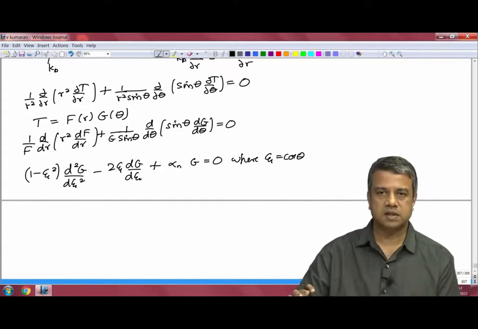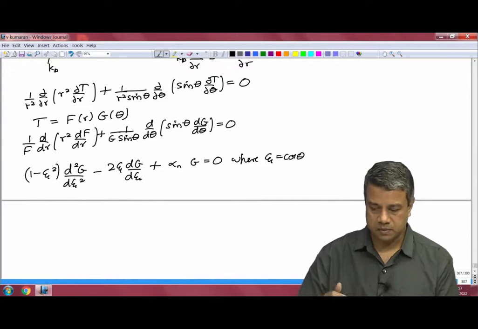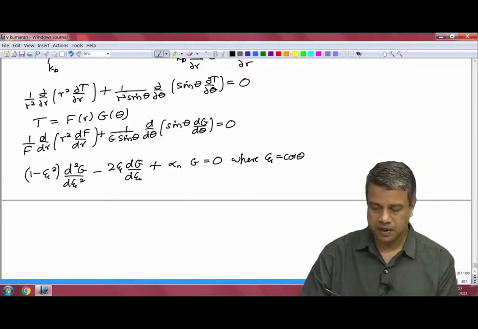Just a transformation of variables. You substitute psi is equal to cos theta and then put it into the equation and solve it.